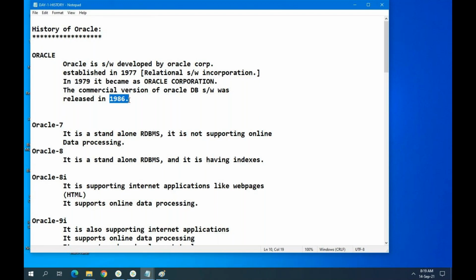Why? Because when we launch any product, we have to find out many drawbacks. So they were modifying the software and releasing the next version. Like that, for 7 years they worked hard on the Oracle database.